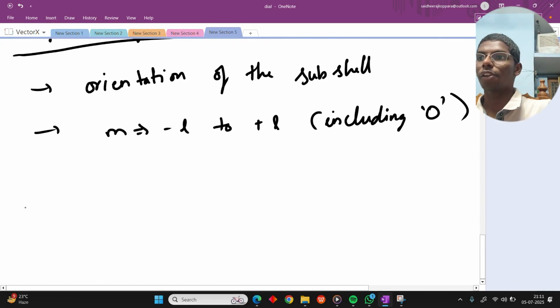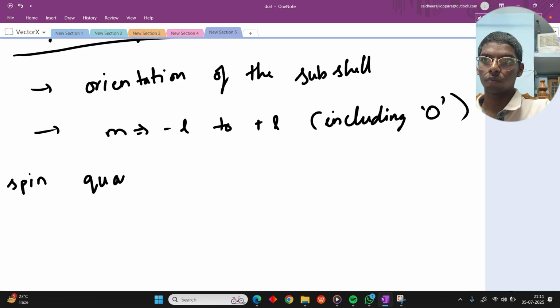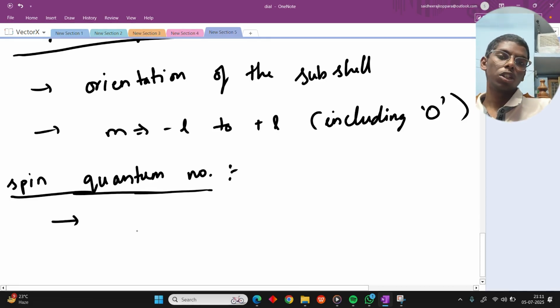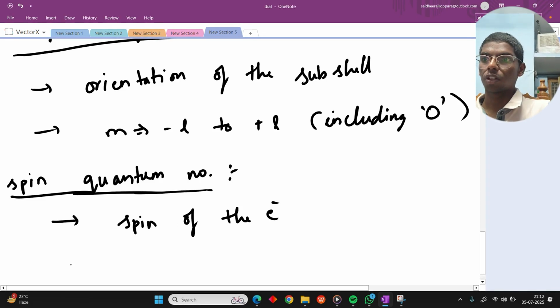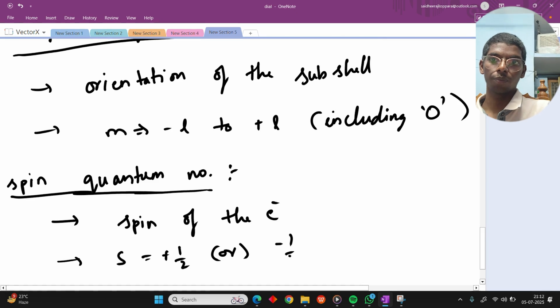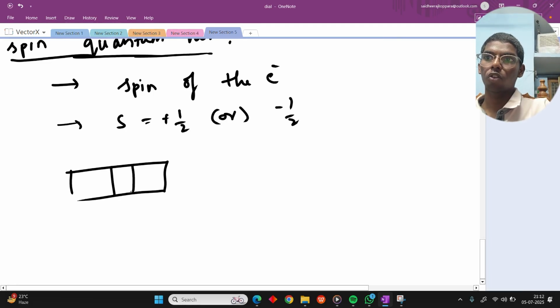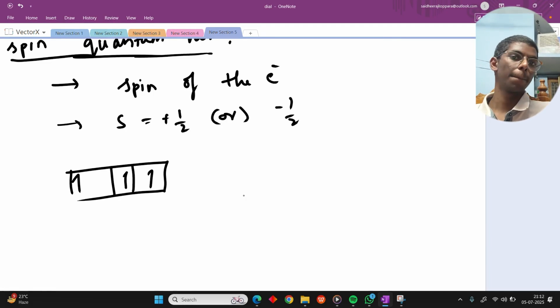Your last quantum number is the spin quantum number. It tells about the spin of the electron. Its values are s equals either plus half or s equals minus half. In general, according to Hund's rule, no two electrons with the same spin can be accommodated in the same subshell.